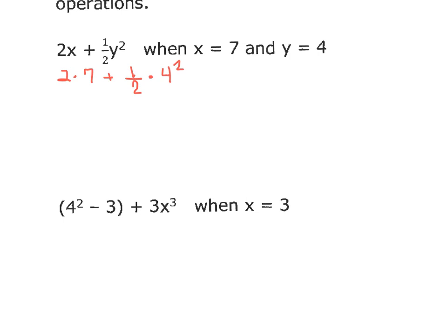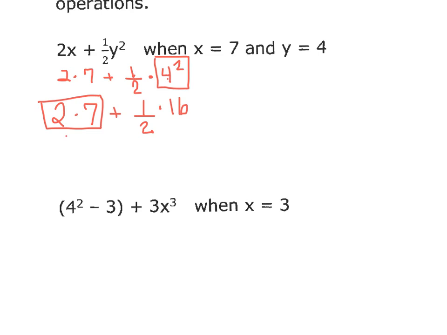Let me go ahead and work through this one with you because it does have a fraction, just to show you how to do the first one. What we have to do first is the exponents. So 4 squared is 4 times 4, which is equal to 16. Now we have 2 times 7 plus 1/2 times 16. We have multiplication and addition, so we do multiplication first from left to right.